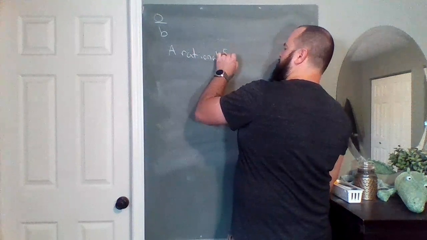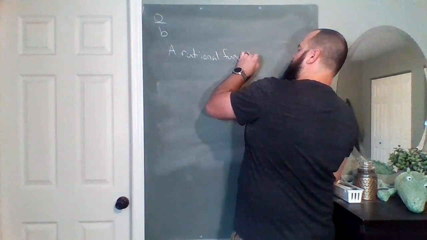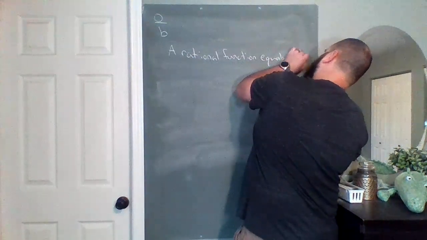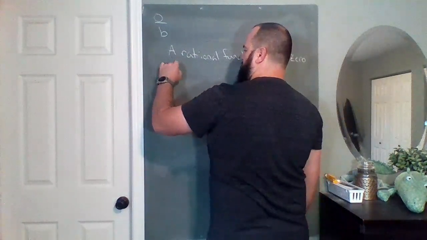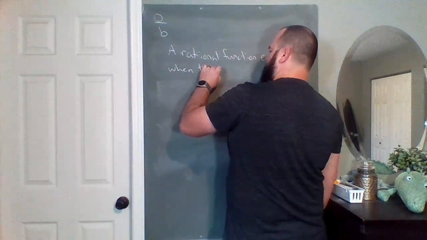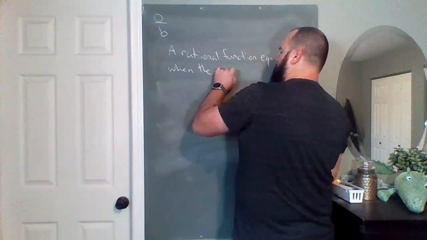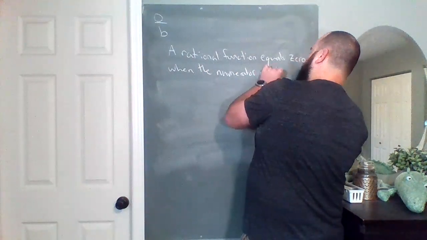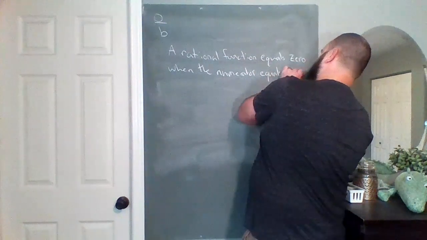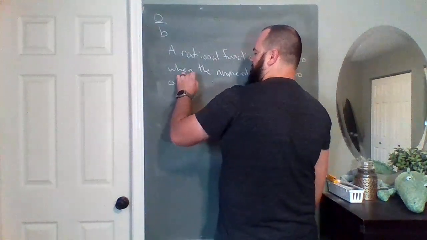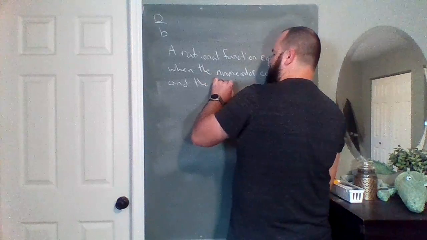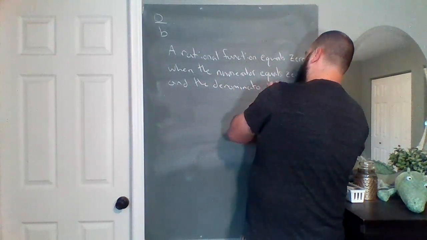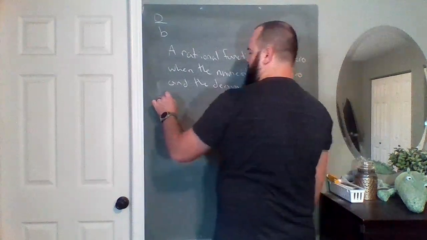A rational function equals 0 when the numerator equals 0 and the denominator does not equal 0.